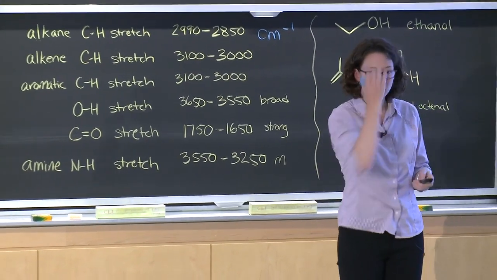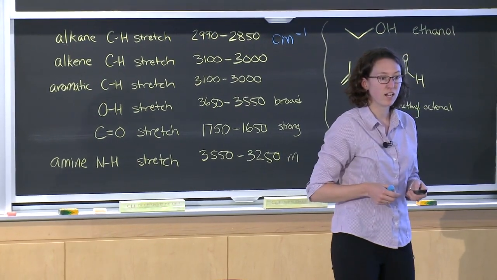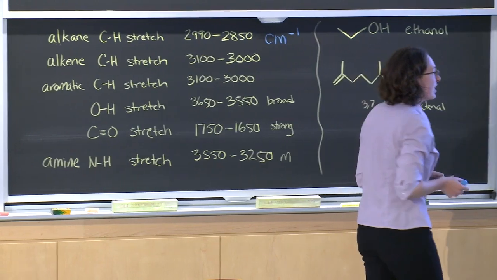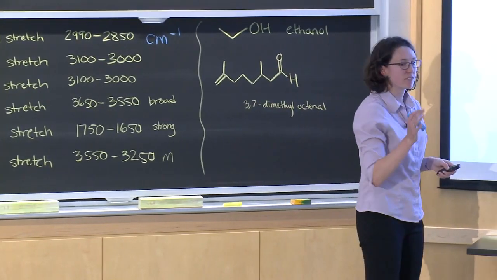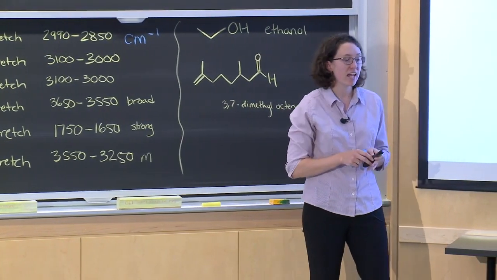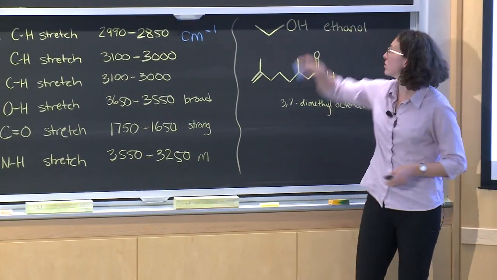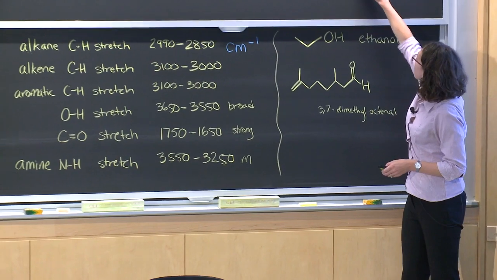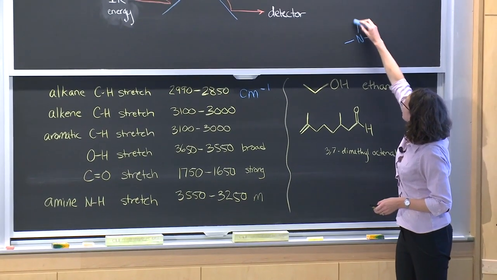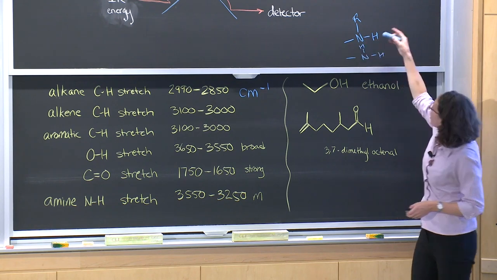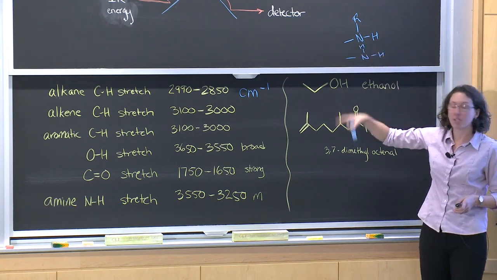So can you tell how many CC bonds there are based on the height of the peak? No. The height of the peak doesn't give you any specific information like how many there are. In amines, if you have a primary versus a secondary amine, so an amine with one H on it and some other R group versus two H's, you'll see either two peaks or one peak.